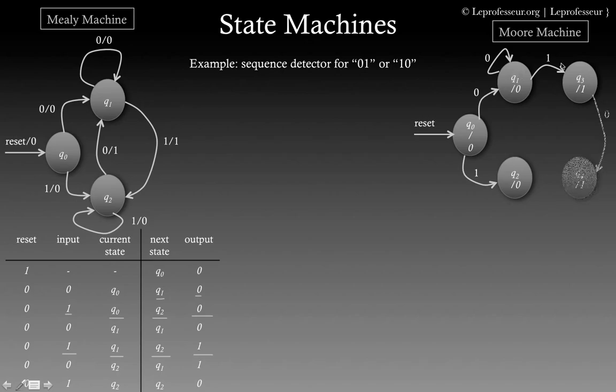Now after that, if we detect 0 on the next clock edge at the input, we move on to the next state and we say that we detected 1 0, and we output 1 in the Q4 state.